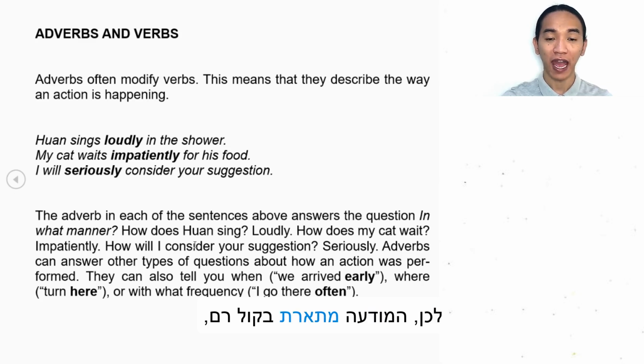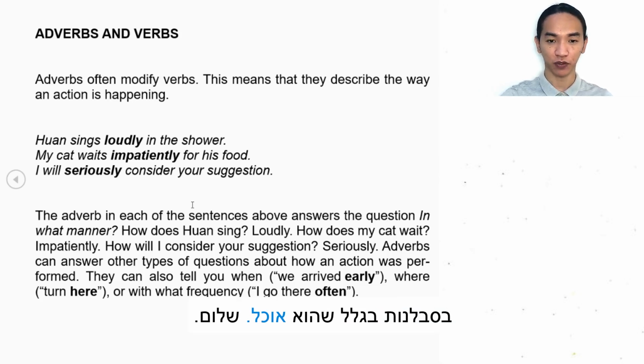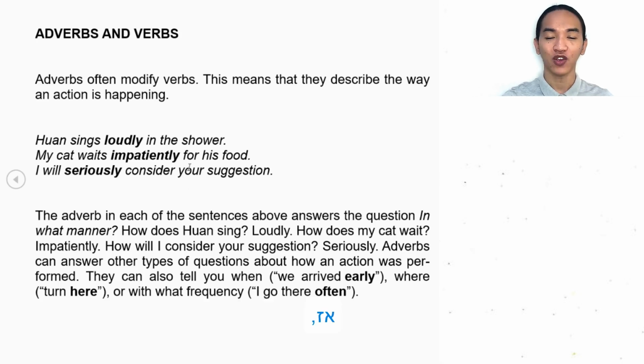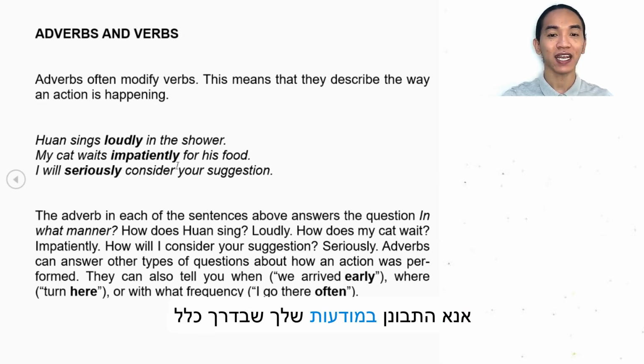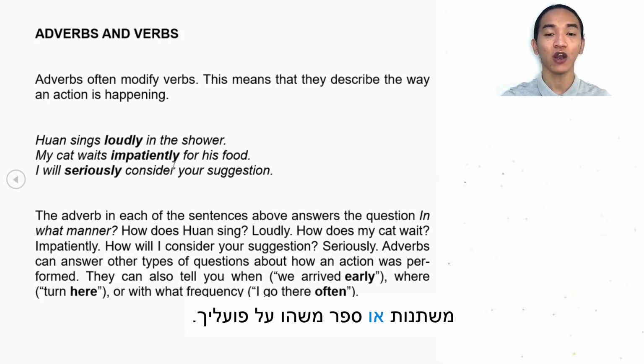So the adverb loudly describes how Juan sings in the shower. Now, my cat waits impatiently for his food. I will seriously consider your suggestion. So please take a look at here your adverbs that usually modify or tell something about your verbs.